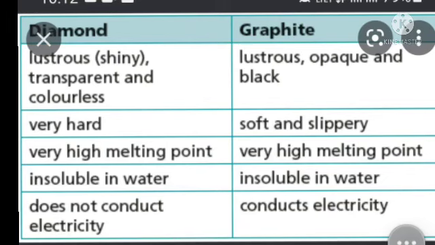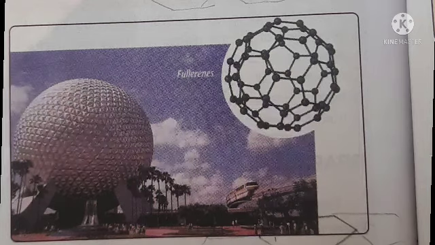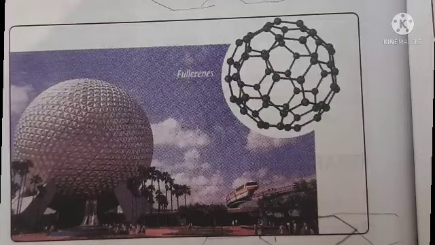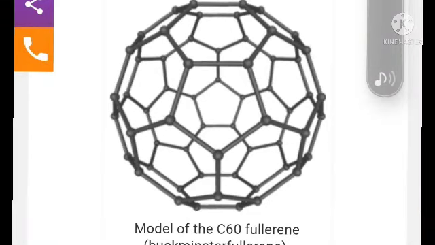So the two crystalline forms of carbon so far are diamond and graphite. Third, one more crystalline form is there, children, that is called fullerene. It is a naturally occurring allotrope of carbon in which 60 carbon atoms are linked to form a stable structure. It is a recently discovered allotrope of carbon.